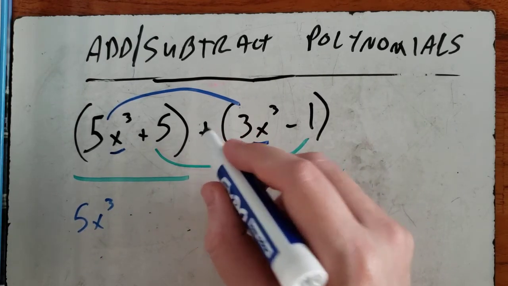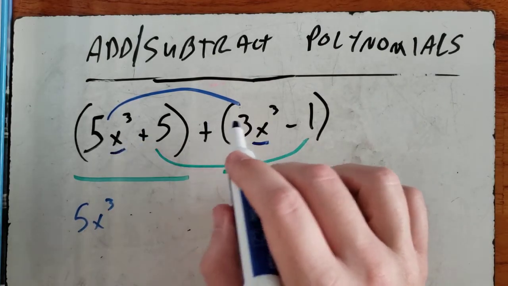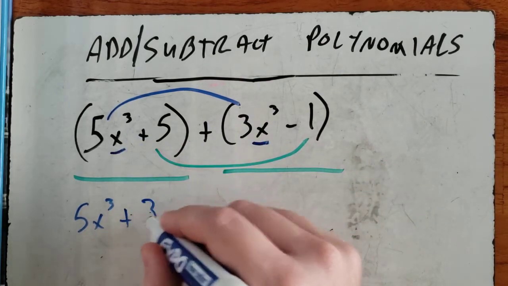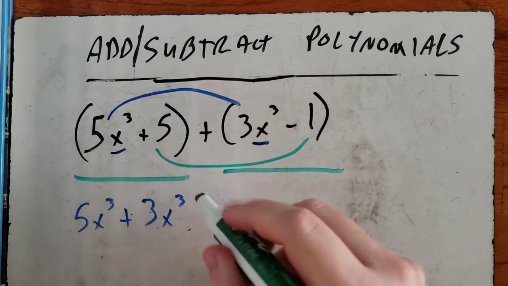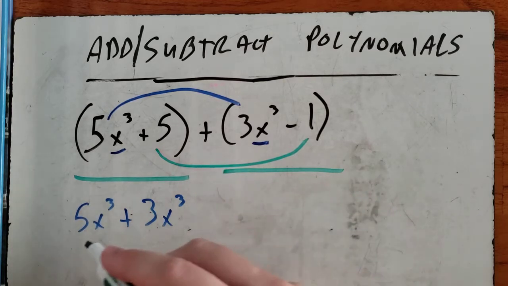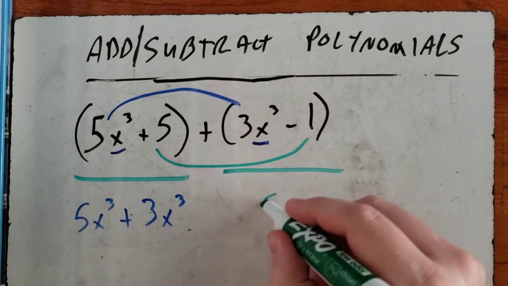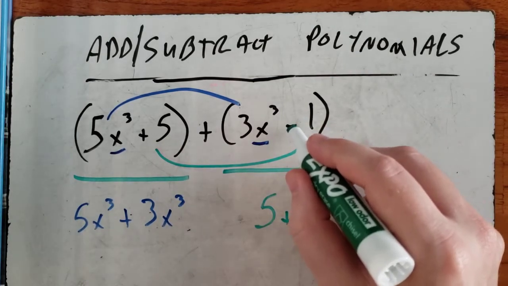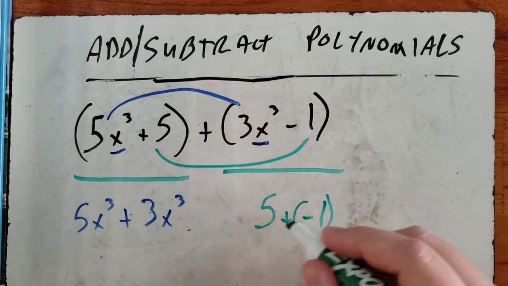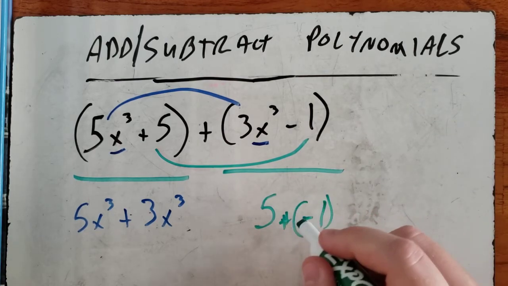It's plus. So it's this plus 3x to the third. And then our second terms: we have 5 plus, and remember that minus goes to the 1, so negative 1. Or 5 minus 1.